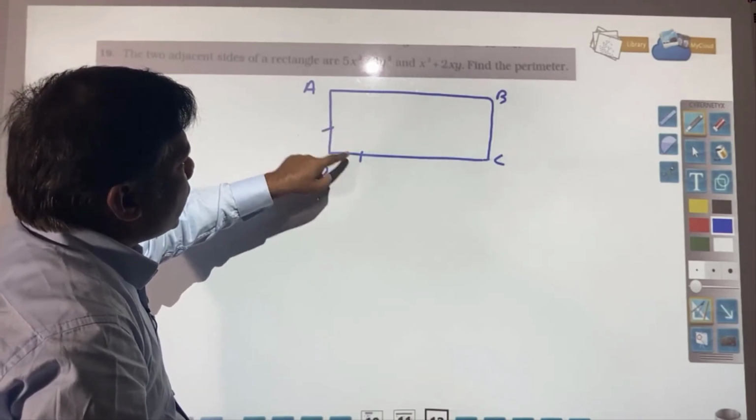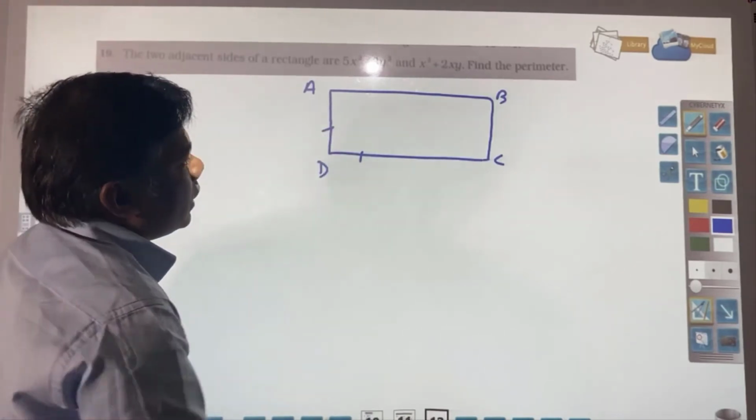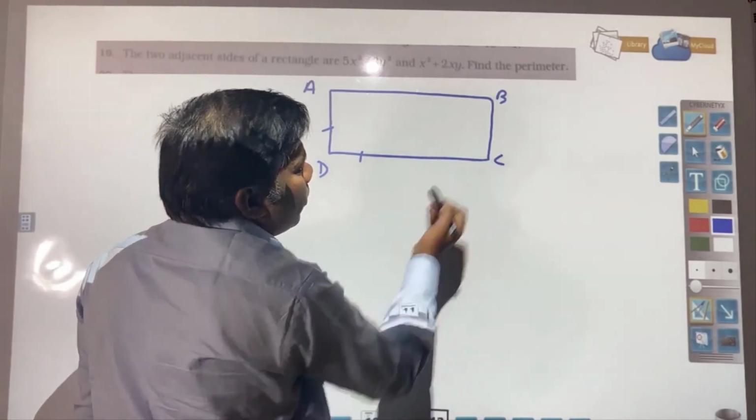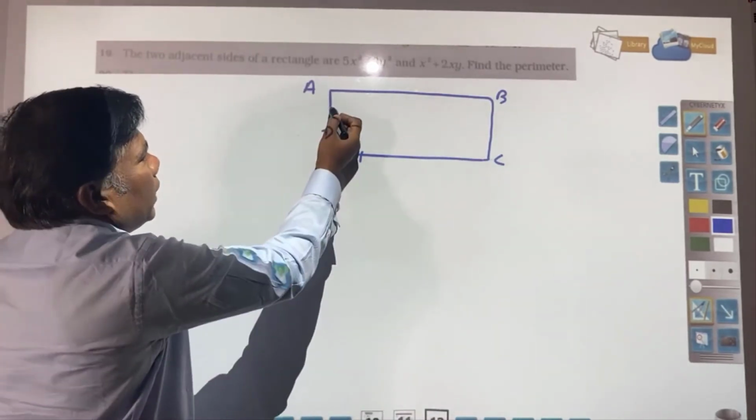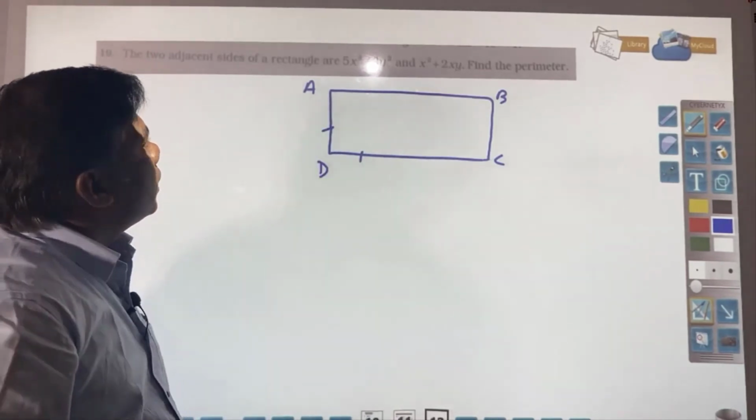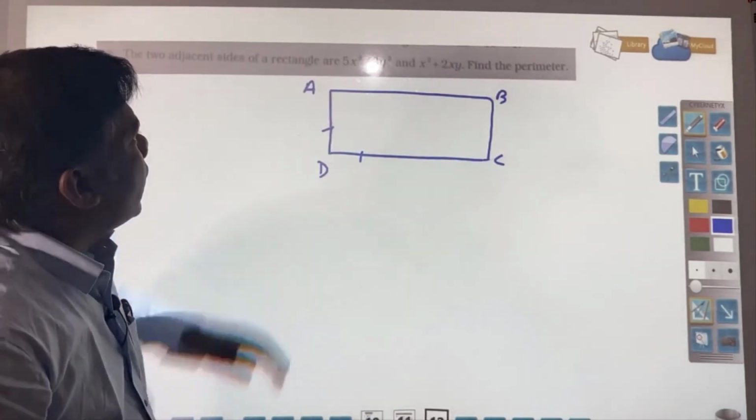So these sides will be called adjacent sides. Similarly, both of these will be called adjacent sides, and these both will also be called adjacent sides. So, two adjacent sides of a rectangle have been given.